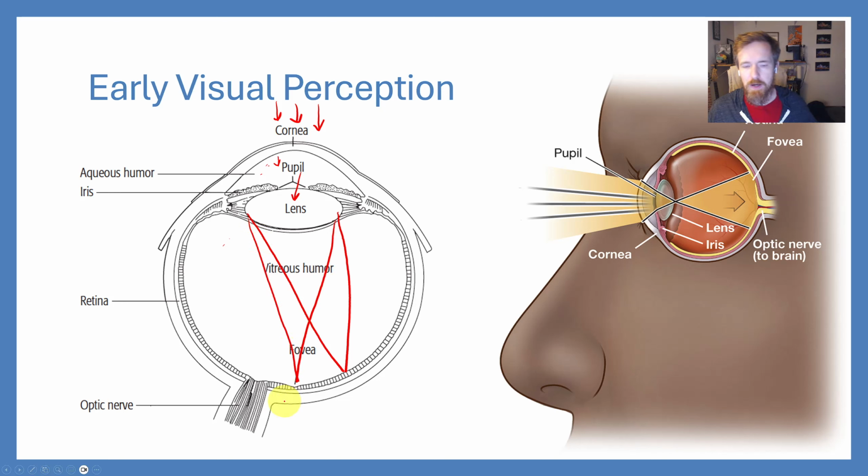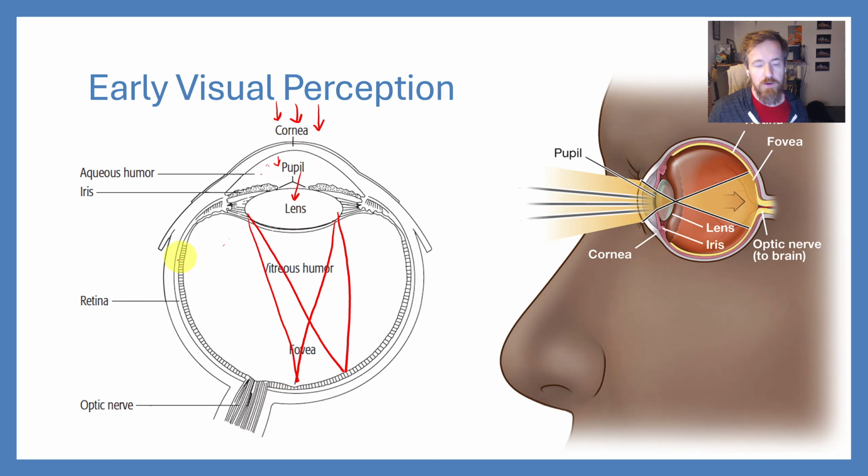If you've ever messed around with that, you know you can hold the magnifying glass at a specific angle and distance in order to focus that beam of light. And that beam of light is going to strike the retina, and the retina is filled with cells called photoreceptors.